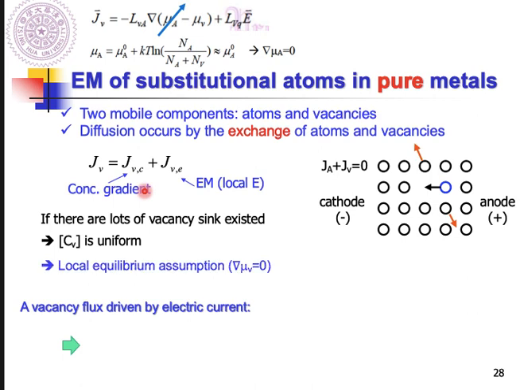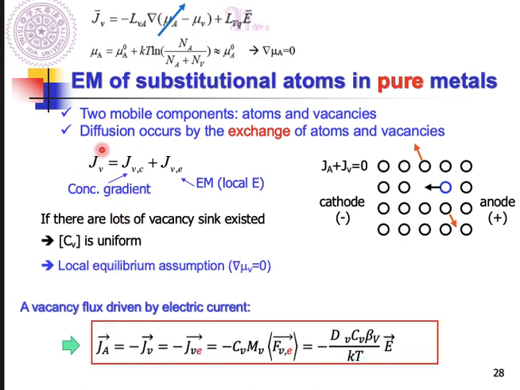So from this point of view, we don't have this term. Based on this, we know the vacancy flux is contributed only by the electrical current. So we get J_A equals minus J_V, and J_V only comes from the electrical field part. E here means the electrical field applied on these materials.